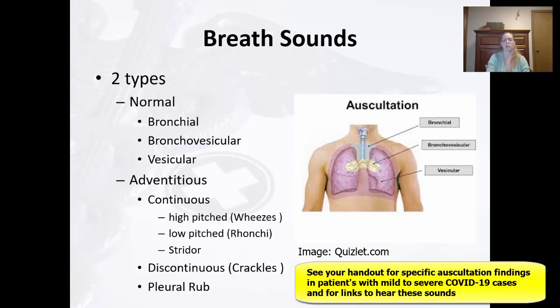Wheezing is an indication that there is obstruction to airflow. It's very commonly found in patients with COPD and obstructive lung disease.